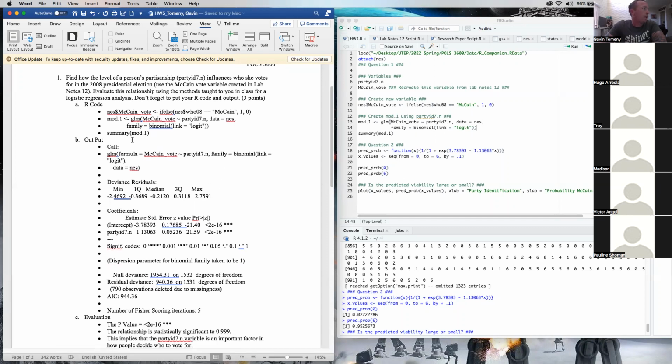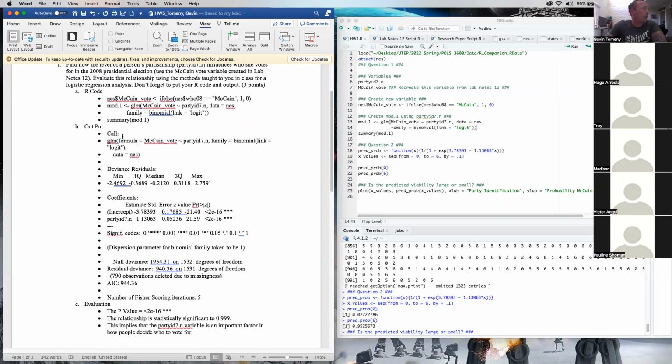And so when we do a summary, this is the information we get. So we see right here, we have our intercept and then our party ID. So basically for every 1 spot on the party ID, it changes by 1.13, and it's statistically significant all the way up to the 0.999.